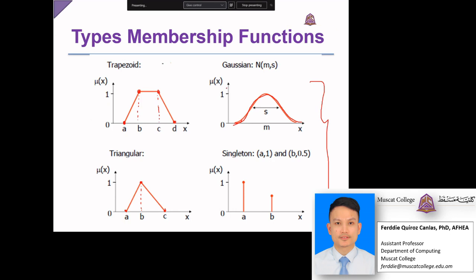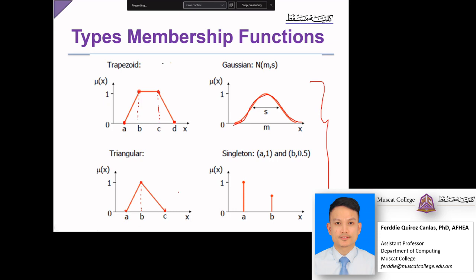These other ones are for highly advanced processing in fuzzy logic. The one I mentioned earlier, if you are working with image processing and signal processing, then go with the Gaussian. But for now, we will be focusing on these two.